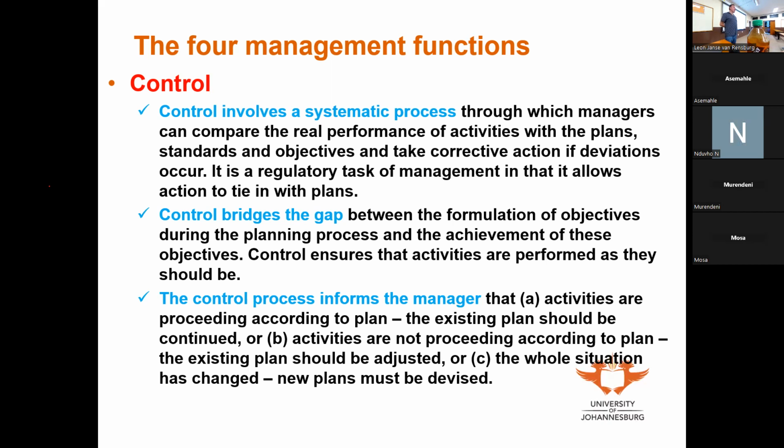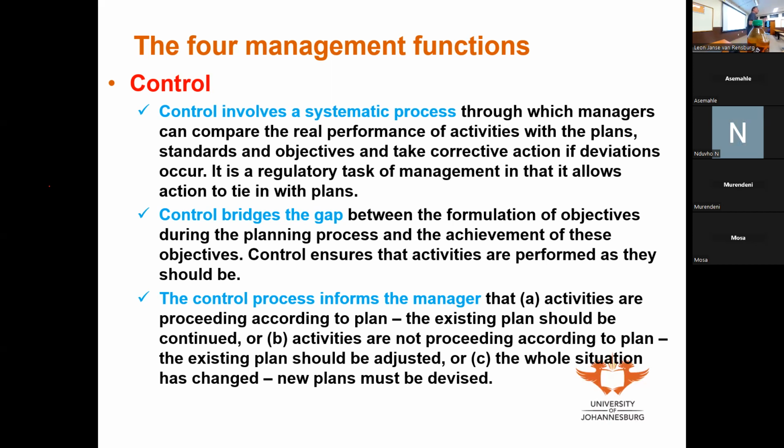That means the resources you have deployed, the people and technology and so on, are actually executing the plan and it's going according to plan. The control process informs the manager that activities are proceeding according to plan, or that the existing plan should be continued. That's an important thing.